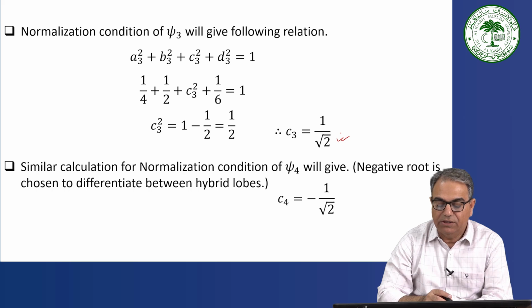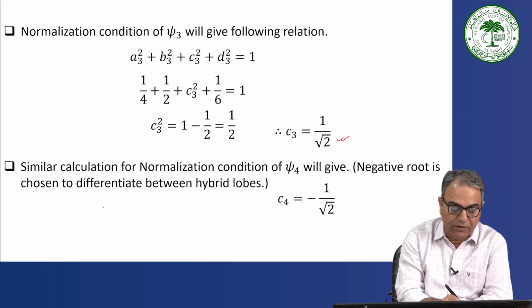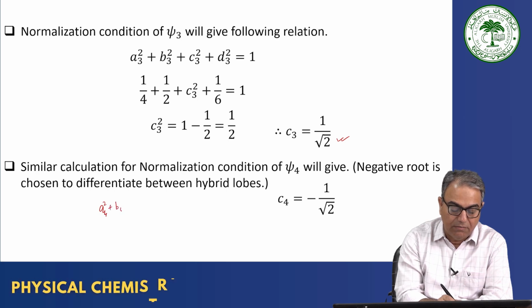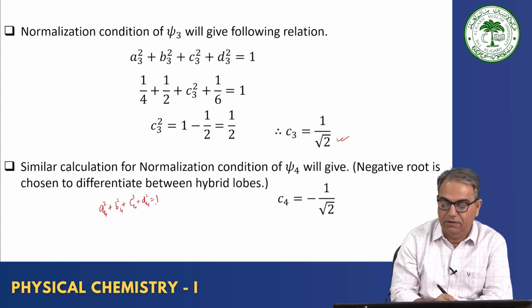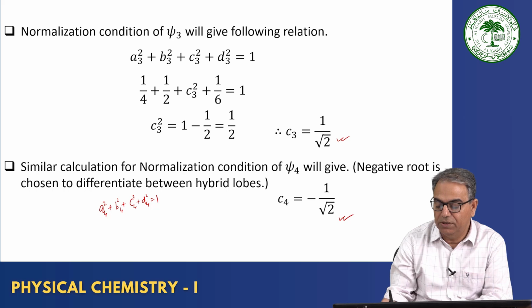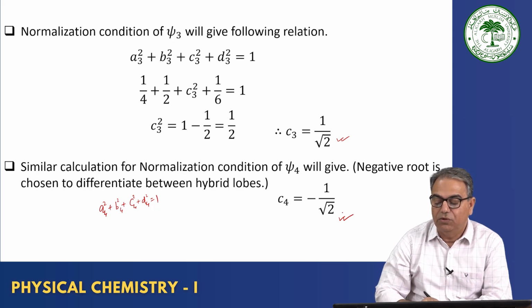Similar calculation for the normalization condition of psi 4. So I have not written it. You can write it: a4 square plus b4 square plus c4 square plus d4 square is equal to 1. And so c4 also comes out to be minus 1 by root 2.